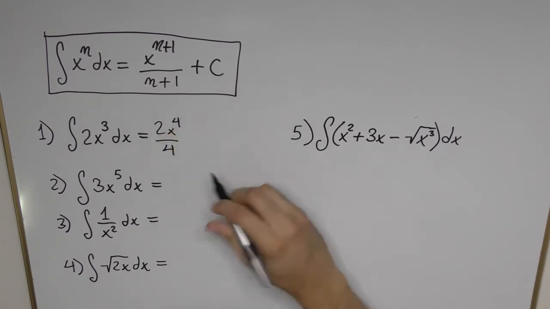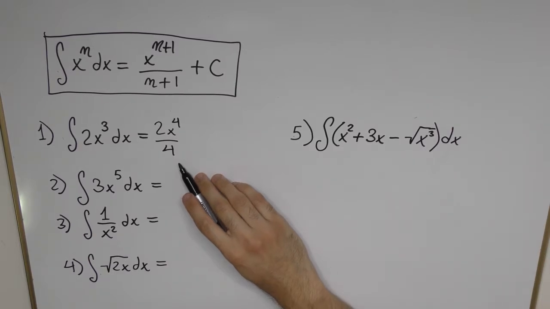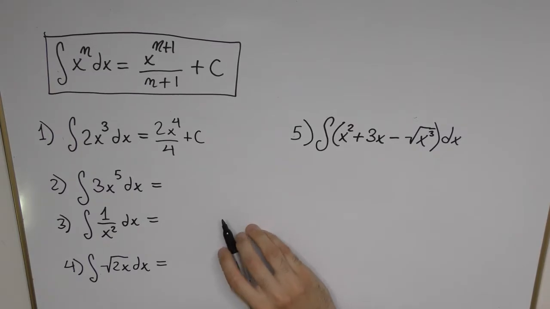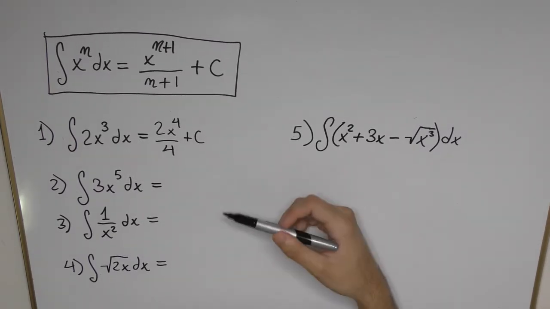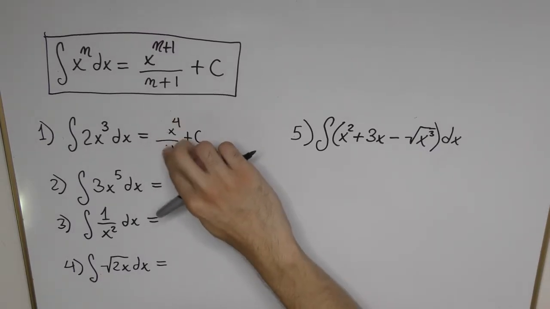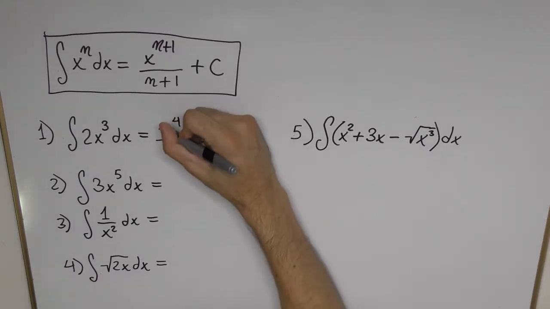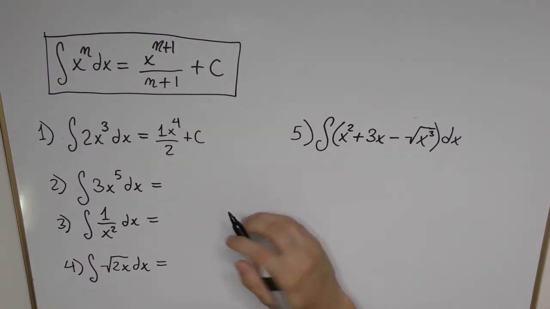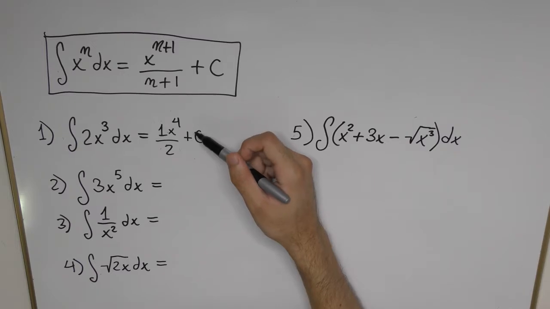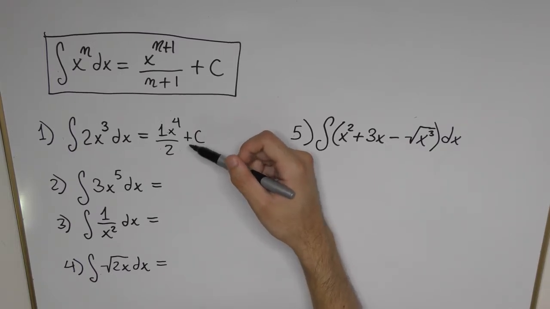And we're going to divide that function by the new power, which is 4. And then we're going to add the constant c. Now, of course, if we want to simplify this even further, we can just divide both top and bottom by 2. So that's going to become 1 over 2, so that's just half times x to the power of 4. And that's going to be the integral of that function.